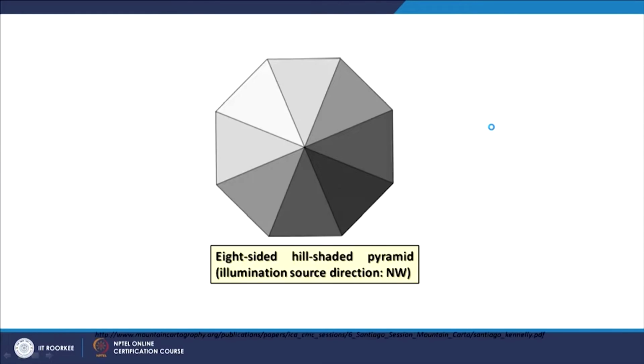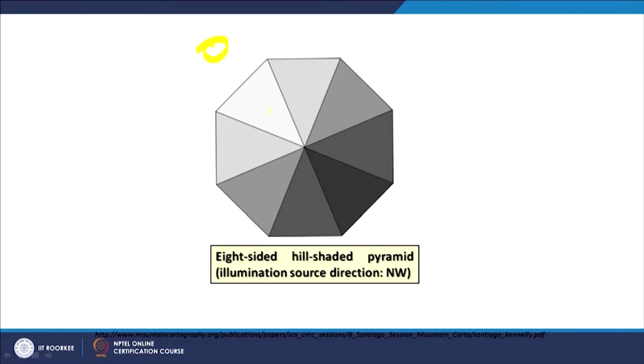Now, here is the example of an 8-sided hill shaded pyramid. This is what the software currently follows: the illumination source is in the northwest quadrant. That is why it is highly illuminated, since it has some degree.